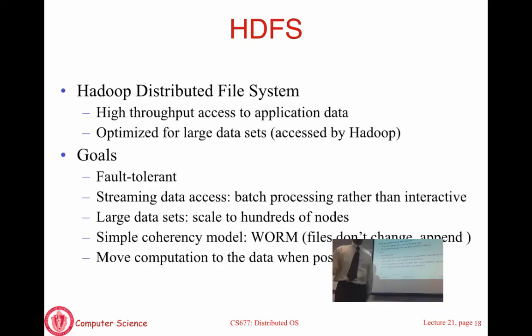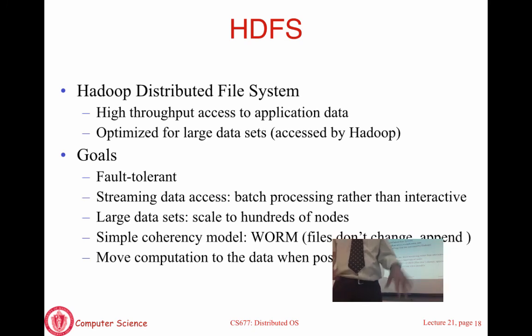Okay, I'm going to spend the last 5 minutes talking about Hadoop's distributed file system, which is called HDFS. HDFS is another file system that has become popular, but it has a very different use case. It is used for batch applications that access large data sets. It is not meant for interactive access where you open a file, make modifications to it, and write it back.